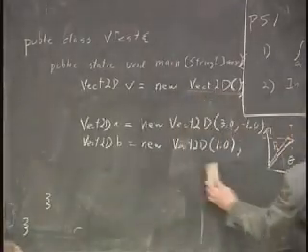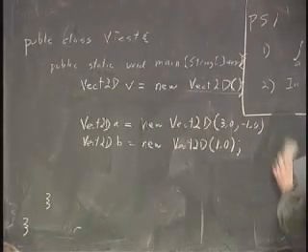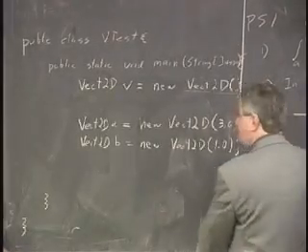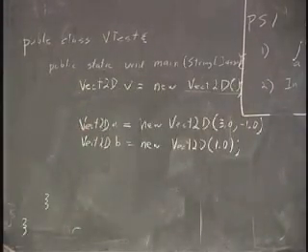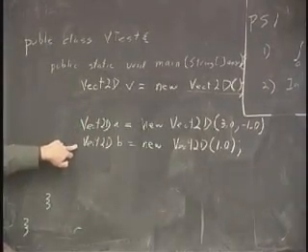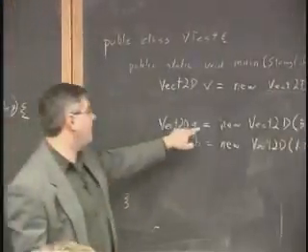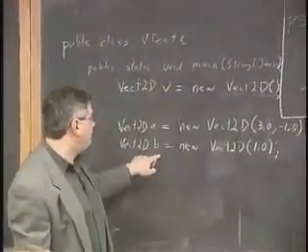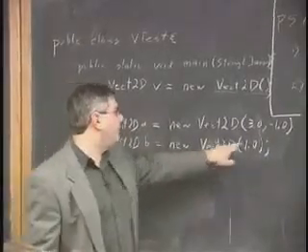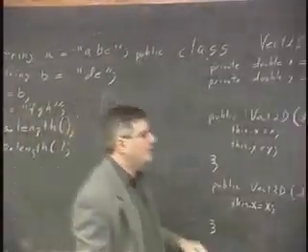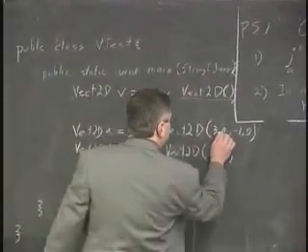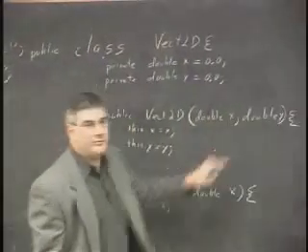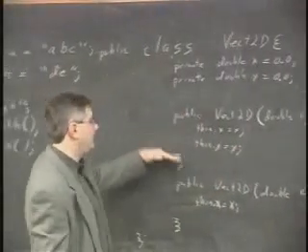Get rid of my little diagram here. All right, so we have two vector variables which we've initialized, A and B. We have two calls to the constructor, one of which to our constructor with two variables. So it says, okay, I've got two doubles as my arguments, so I'm looking for a constructor that has two doubles as its arguments, and it matches them up. It finds that, and it executes this one.